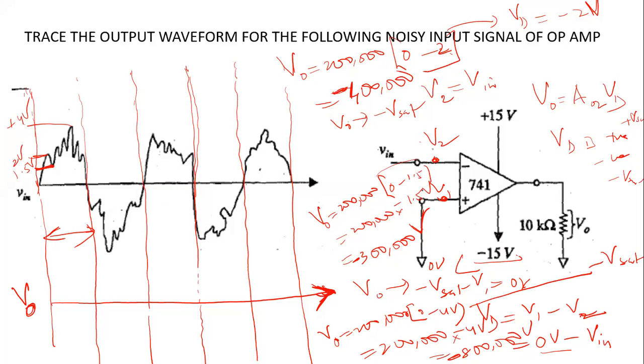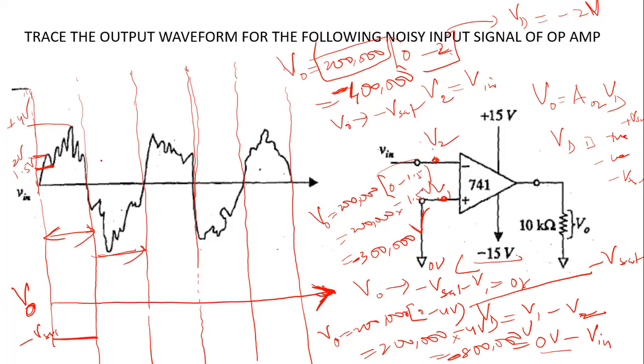You understand my point? Because of the large open loop gain of 200,000, as long as your VD, the difference voltage, is negative, it will go to negative saturation. It will still be a square wave like this, at negative V sat. Between this interval, the input signal is negative. So for a negative input signal, it will be positive, because negative of negative is positive.